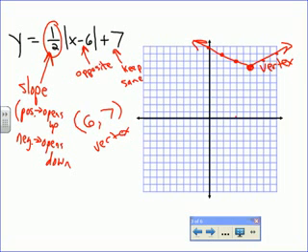You'll also notice if it's a number less than 1, a fraction like 1/2, 1/4, 1/3, it takes the V and opens it up more. So if this is less than 1, it means it's wider than the parent one, the basic one, just absolute value of x.